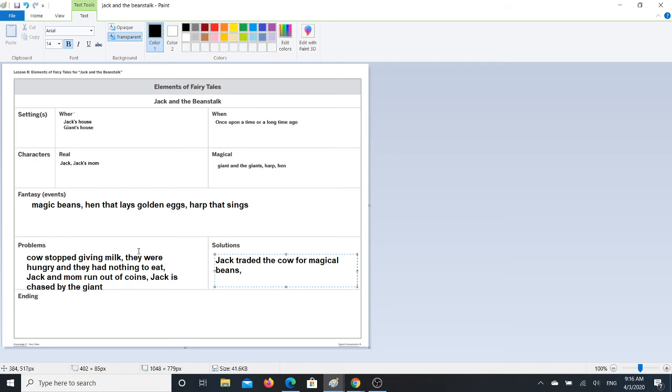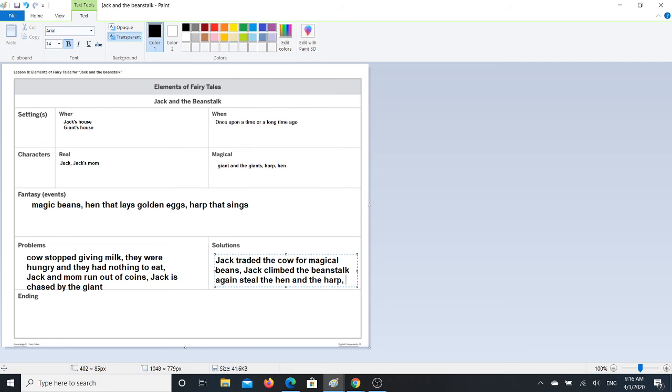So when Jack and Mom run out of coins, Jack climbed the beanstalk again. What does he do? He steals the hen and the harp, right?